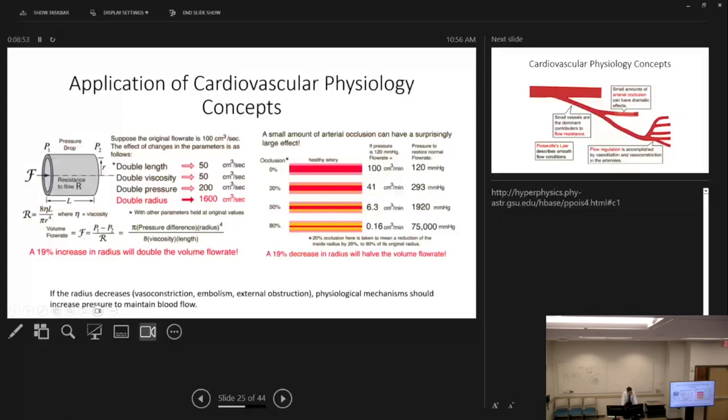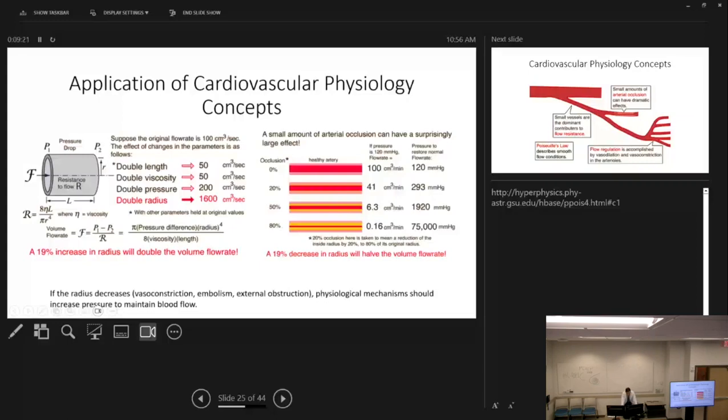So a 19% increase in radius will double the flow rate. And notice what happens when we decrease the radius by just 19%. Only 19% will halve the volume flow rate, or the flow in general.